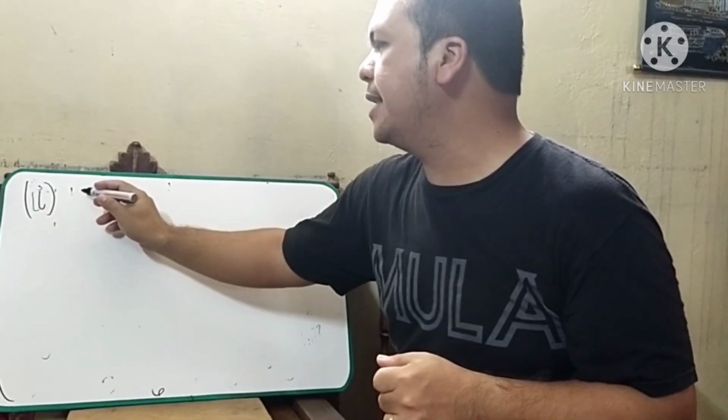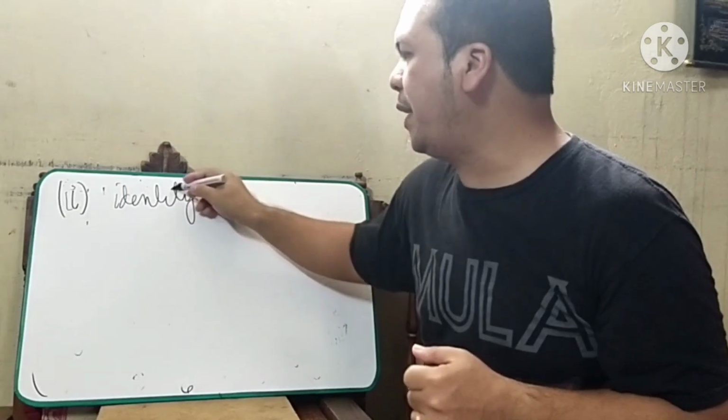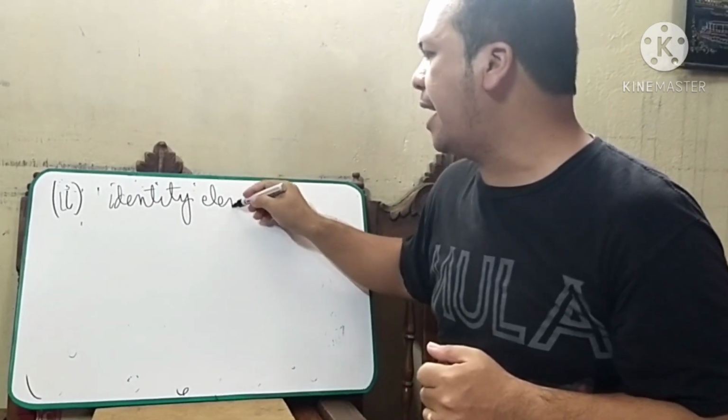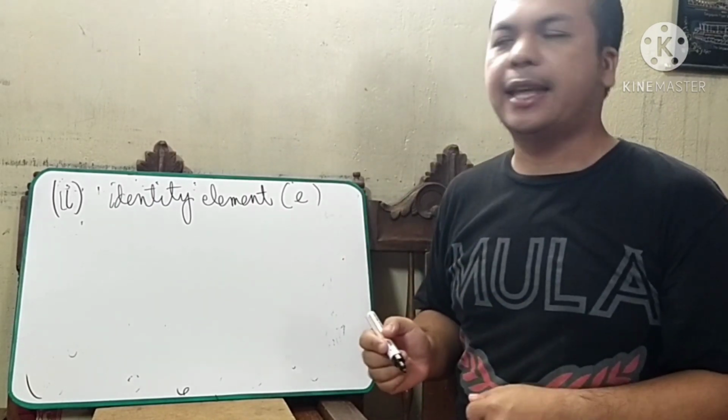So, existence of an identity element. And we have denoted this as letter E. Okay? Identity element.